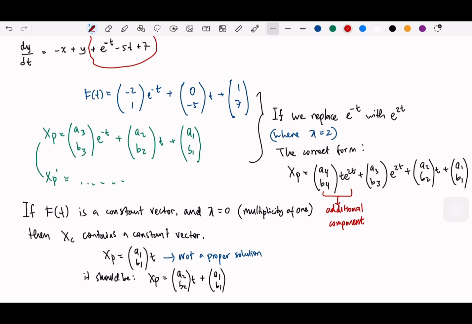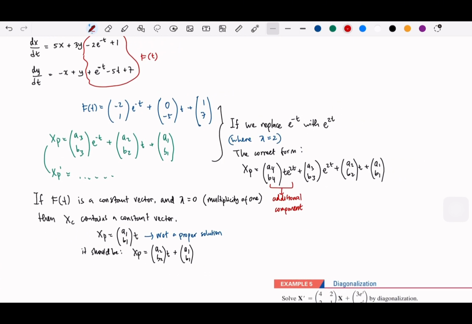Okay, that is for some exception. Whenever so, be careful on the particular solutions. We need to make sure that it is linearly independent and check the eigenvalues. So that is undetermined coefficients.